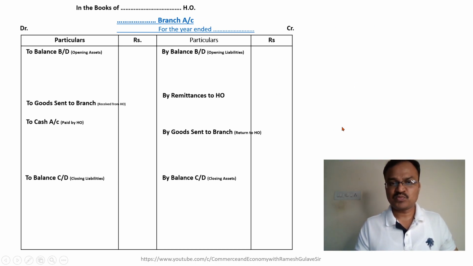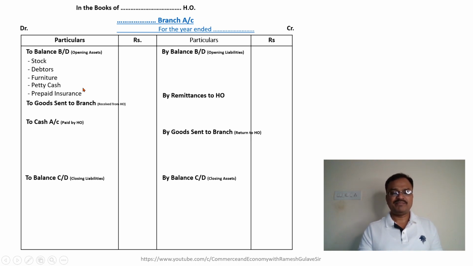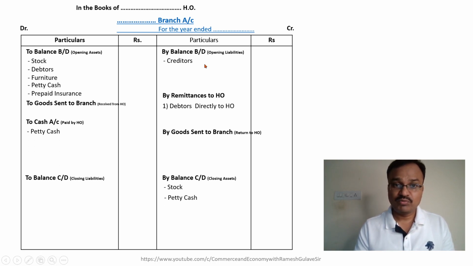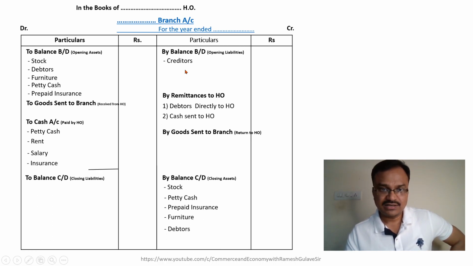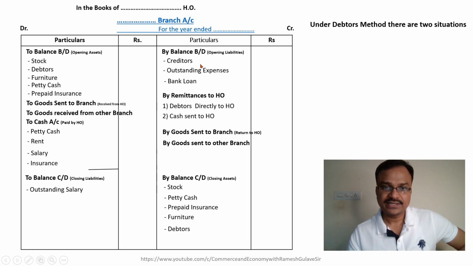If you memorize these points, it becomes quite easy to prepare the branch account. And under these points, like in opening assets, there can be stock, debtors, furniture, petty cash, prepaid insurance, etc. Similarly, in the opening liabilities, there can be creditors, bills payable, and bank loan, etc., right? So these are the points which are recorded in the branch accounting, right?